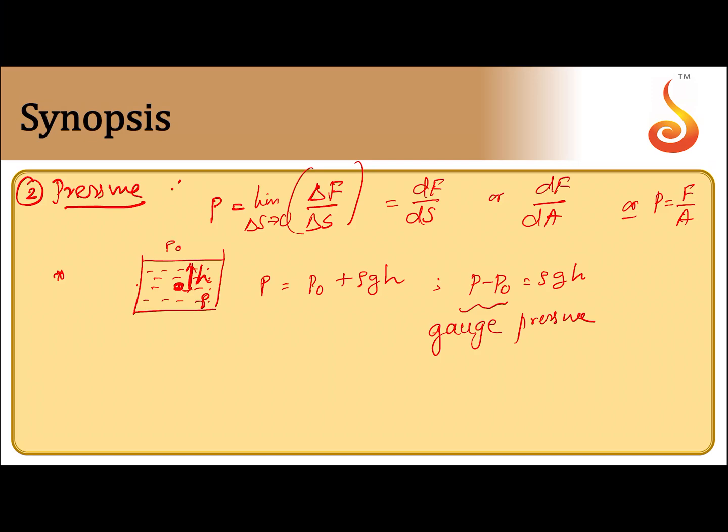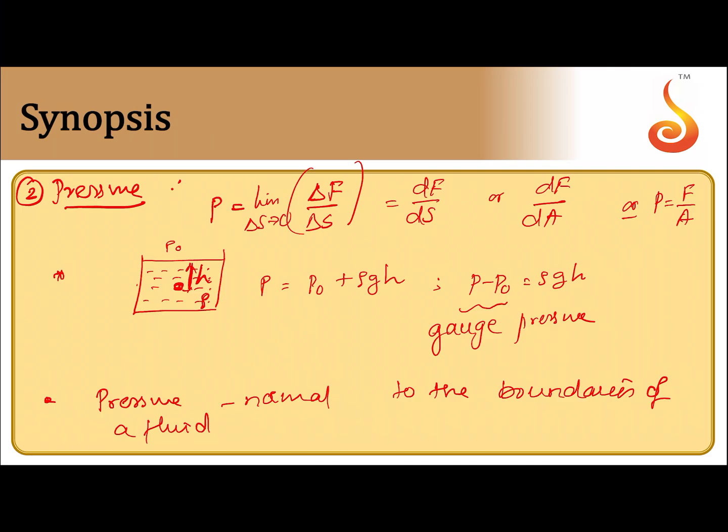That means if a pressure measuring device is at a given point in a fluid, whatever may be its orientation, the pressure measured is same. Pressure always acts normal to the boundaries of the fluid. Remember, a very simple concept but quite useful.